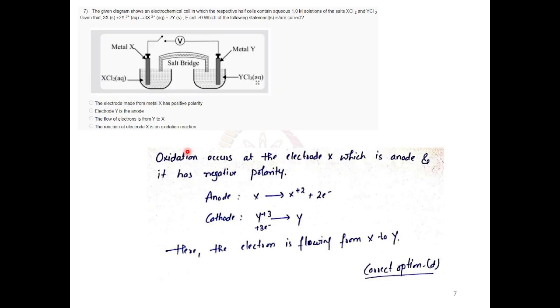So here this Y is going to be Y3+, yes. So remember, here X is going to be X2+, so this is oxidation and this is reduction, right? So Y3+ is a reduction. The reaction at electrode X is an oxidation reaction. Yeah, that's true. Electrode X is going to be an oxidation reaction. What is the problem with this?